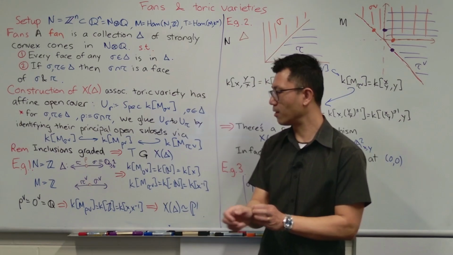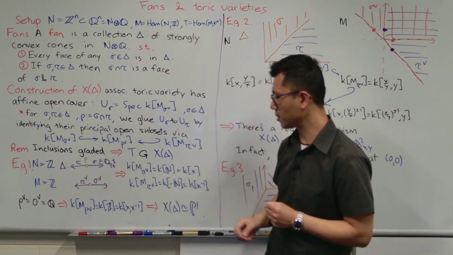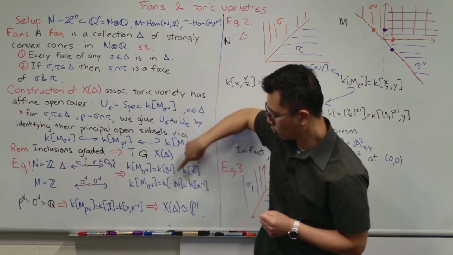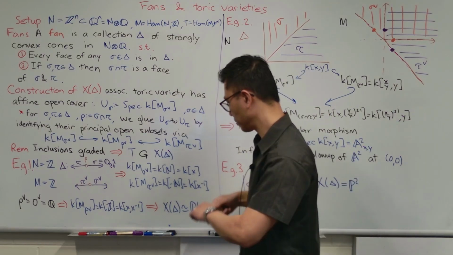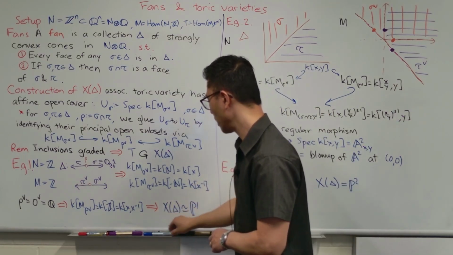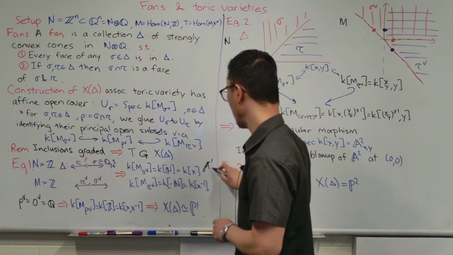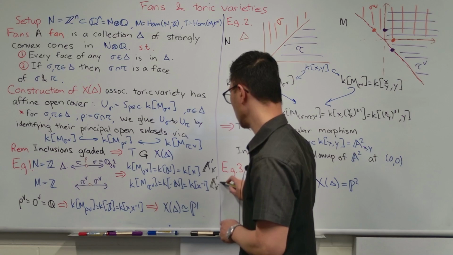So what do you have in this toric variety? You have three affine open sets. This here corresponds to just the affine line with variable x. This here is just the affine line with variable x inverse.